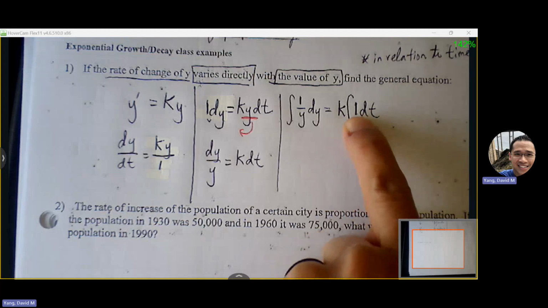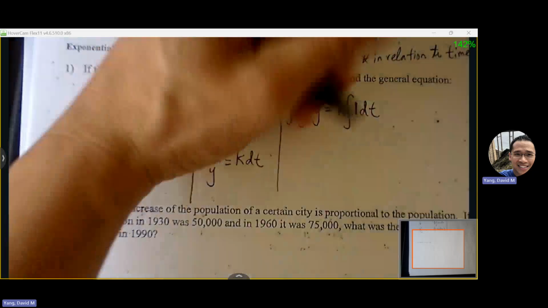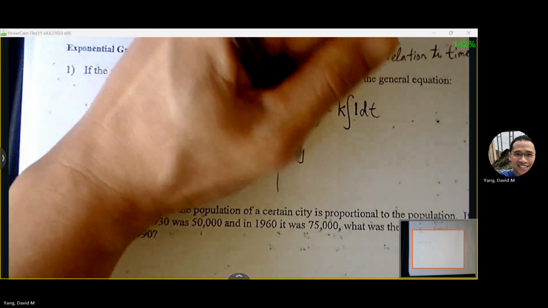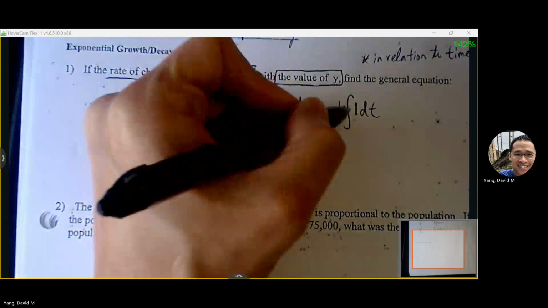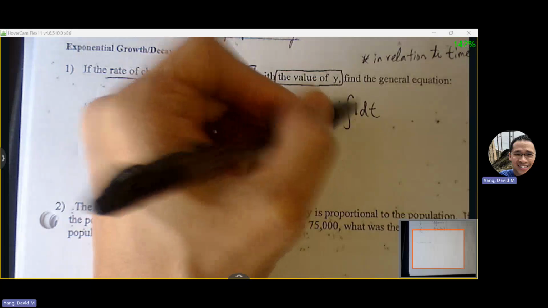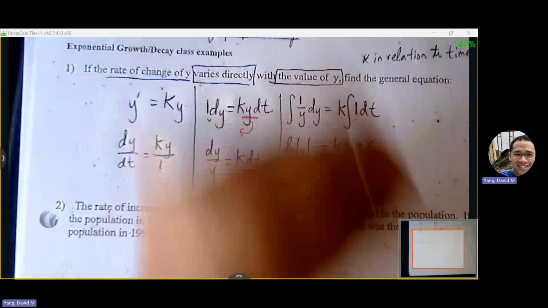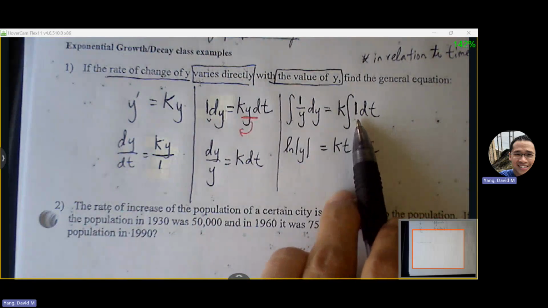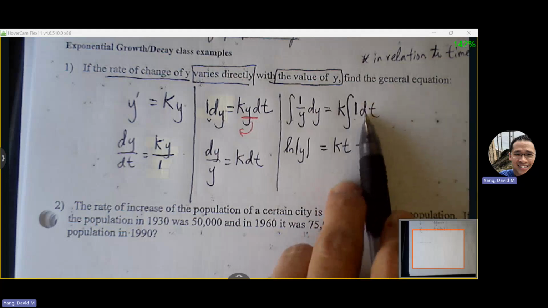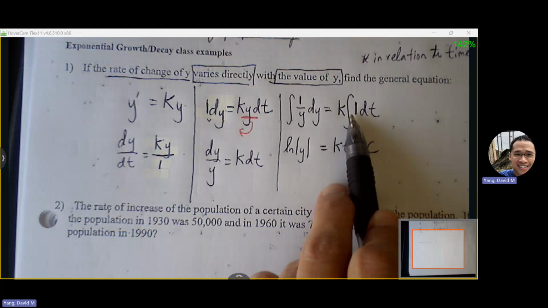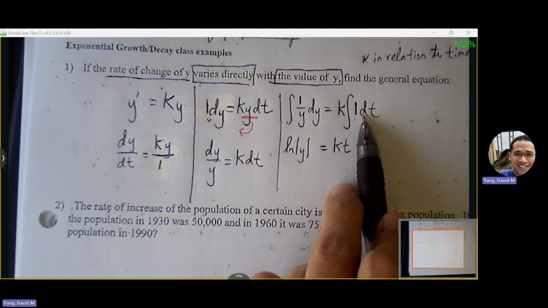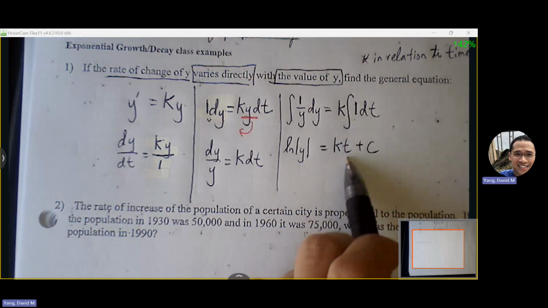Okay, so 1 over y dy, that's natural log. k stays, 1 becomes t, so it's going to be k times t plus c, right? The antiderivative of 1 rises up to degree 1. dt tells us that the variable that we're working on is time, or variable t. So if it was 1 dx, then 1 would go to x, but it's 1 dt, so 1 goes to t, and then plus c.